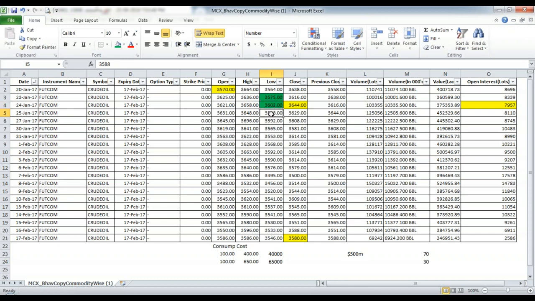Because it went below this 3602 and closed above 3602, right? The support, sir. Okay, so this seems to be a support, right? When it seems to be a support, on this day, when the price is trying to breach out at 3592, or it is trying to breach out 3658 on the upside, will it become a sort of a buying opportunity for you?